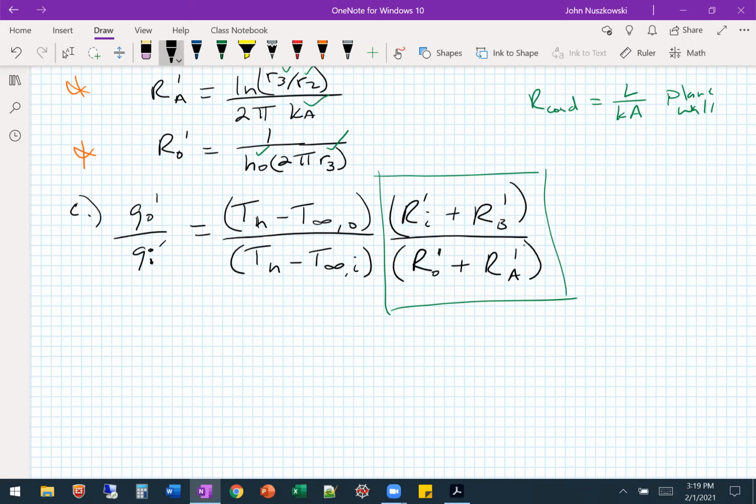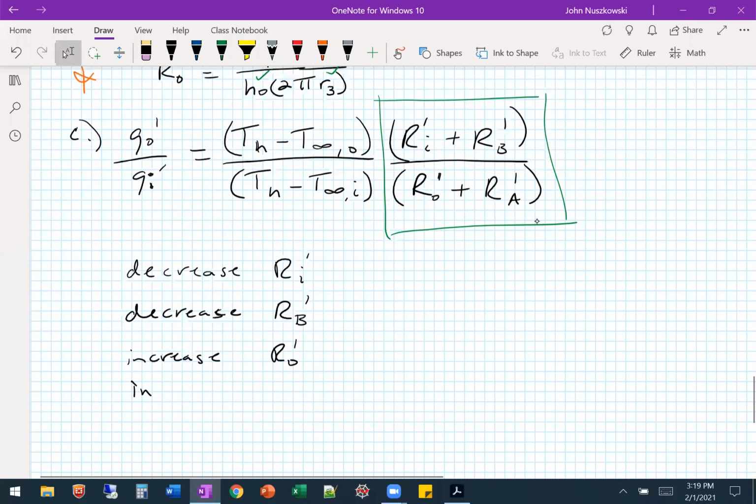So if we decrease Ri, that also decreases RB, and then we would increase RO and increase RA.